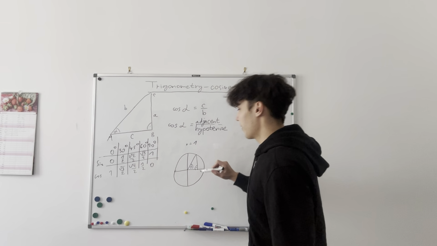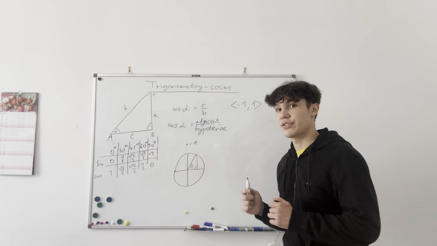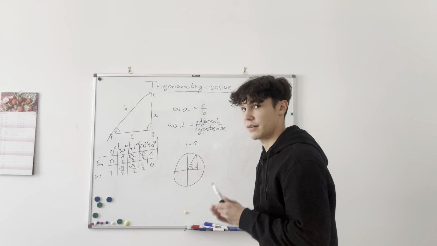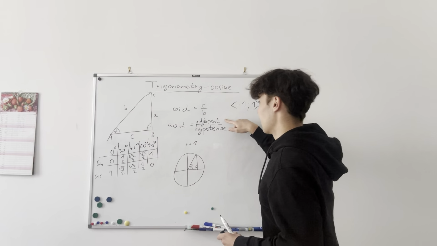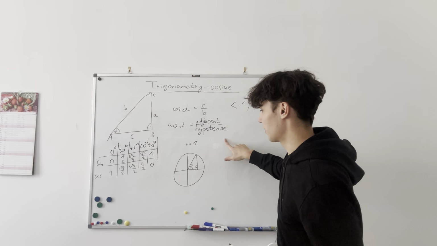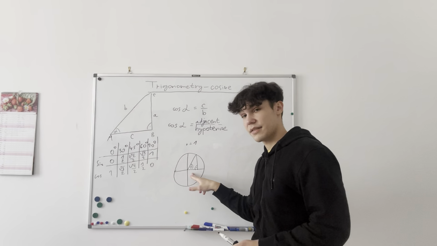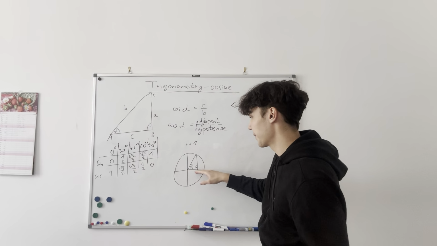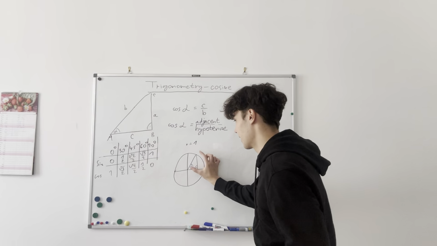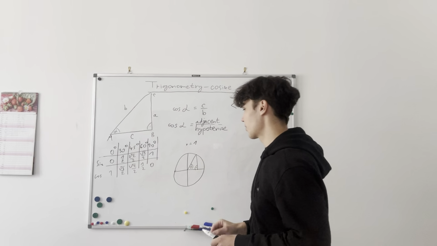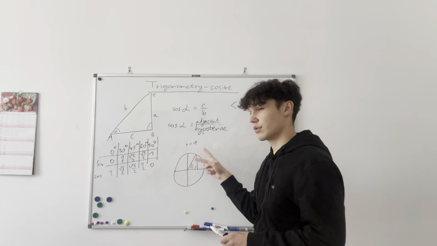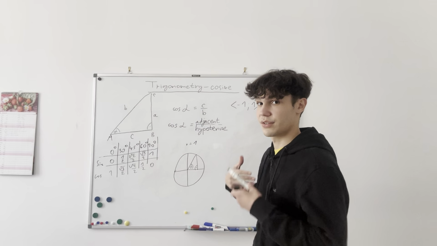Now we have our triangle, and to find out the cosine for that angle, we just apply the function: the adjacent side divided by the hypotenuse. The adjacent side for us is this one, and the hypotenuse is this one. The hypotenuse is actually equal to 1, because we are using the unit circle.